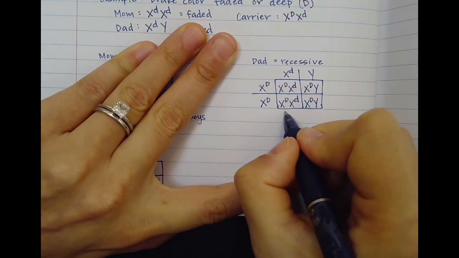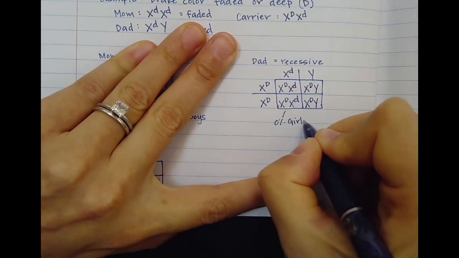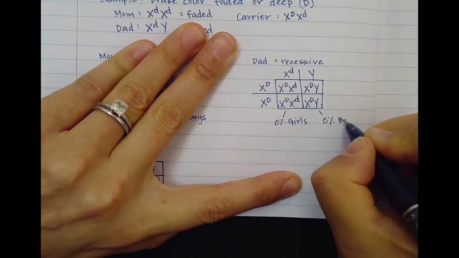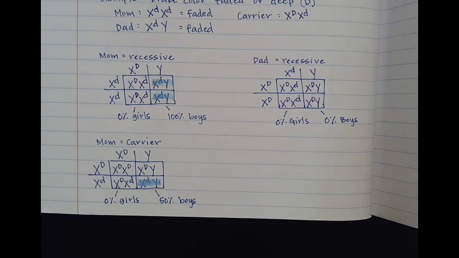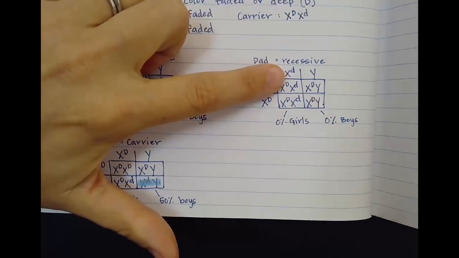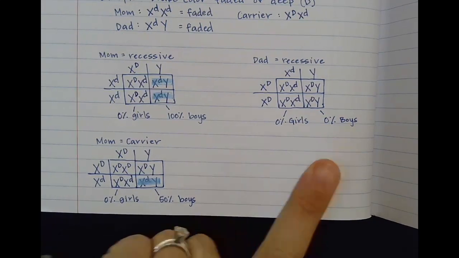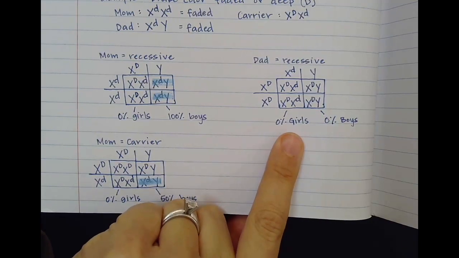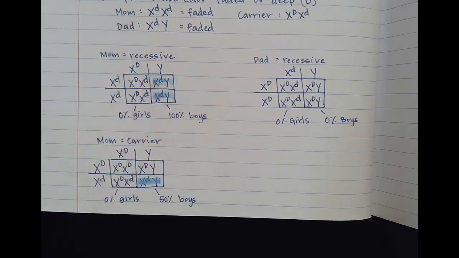So here we've got carriers for daughters, but again, 0% of the girls have the trait. And 0% of the boys have the trait. So even though dad had that recessive trait, he was unable to pass on that trait to his boys because he doesn't give them an X chromosome, and he was unable to pass on that trait to his daughters in a way that showed up because mom is not a carrier.